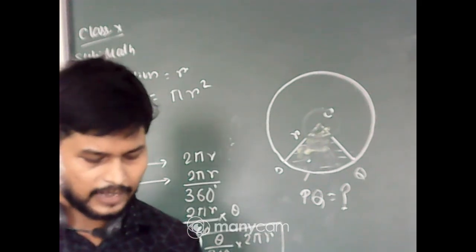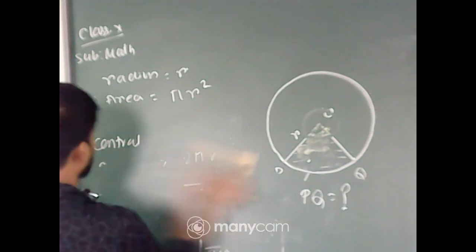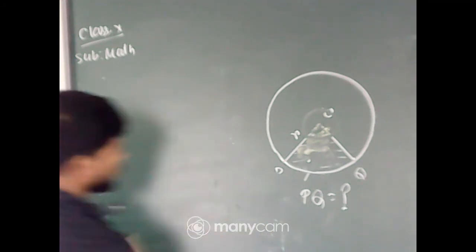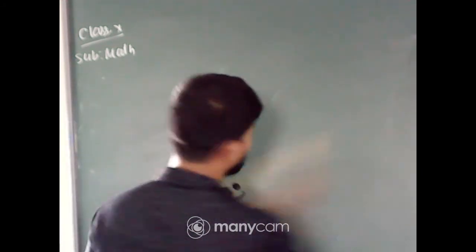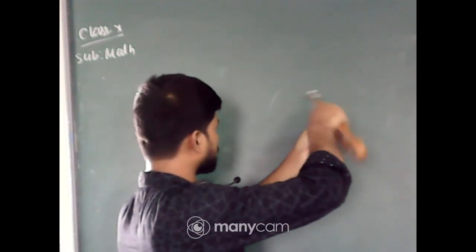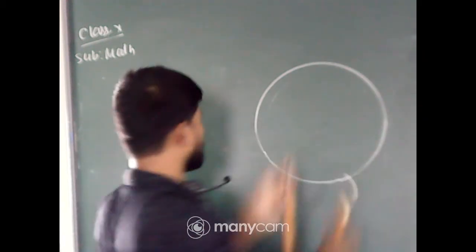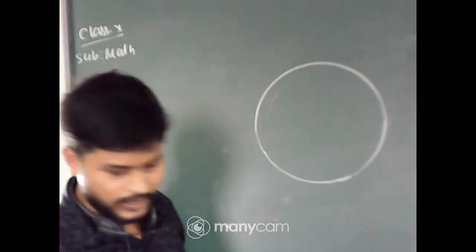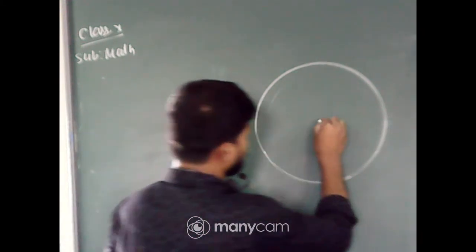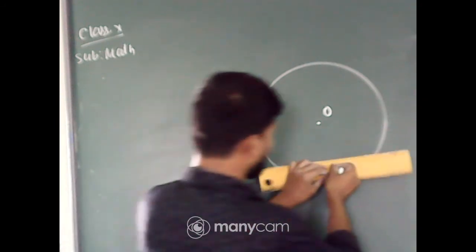Okay? And now another proof. Suppose there is a circle with center O. We are considering a chord here.